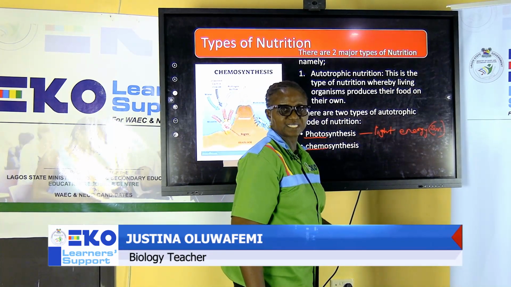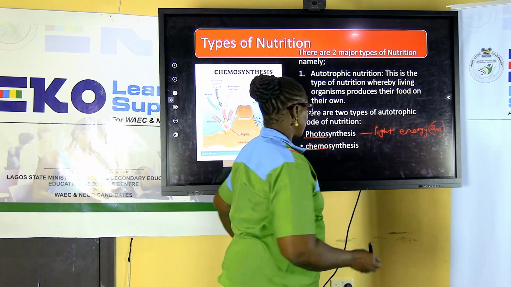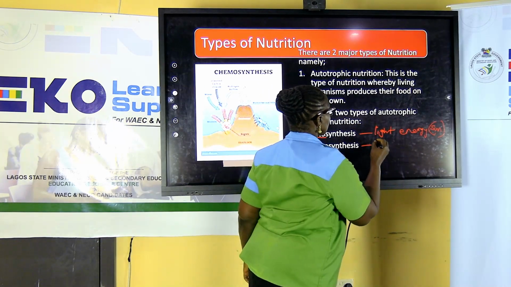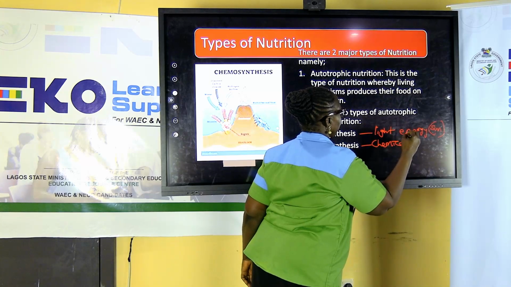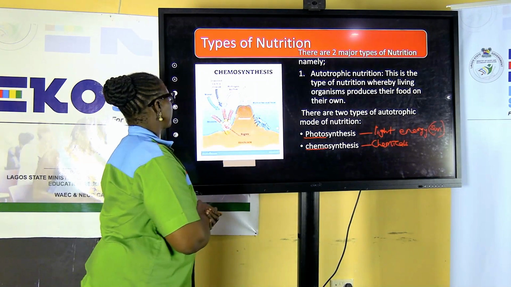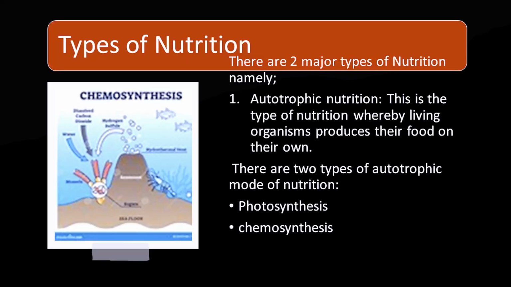Then the chemosynthetic organisms, or organisms that derive their food through chemosynthesis, use energy taken from chemical substances from their environment. Here I have a picture of a chemosynthetic organism that is able to produce its own food by itself using energy that is obtainable within its environment.